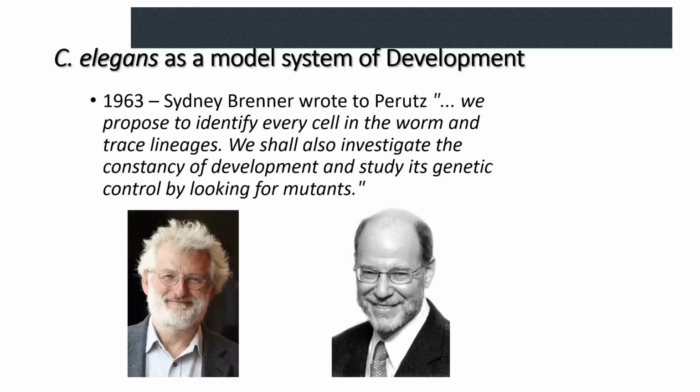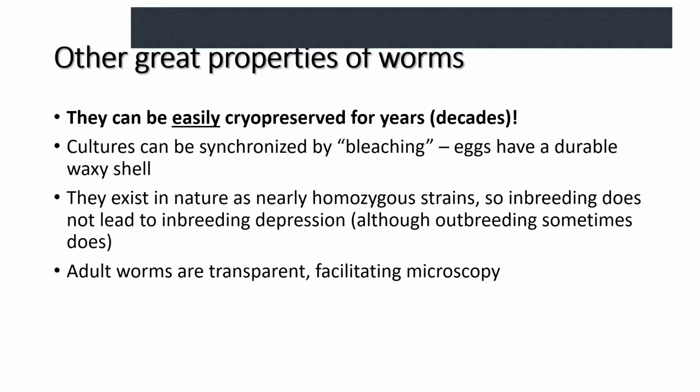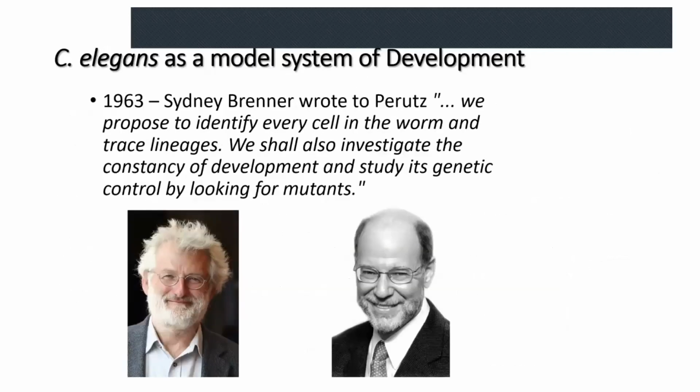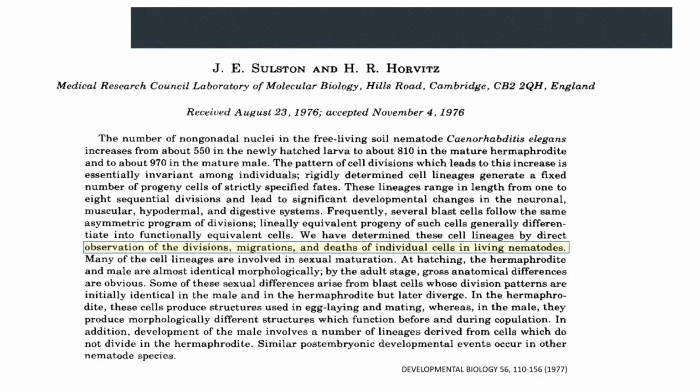So the hermaphrodites can cross-fertilize like a female as well. So they started with an L1 just hatched out, and they followed every cell in the developing worm until they got to here. They're expelled into the environment through an opening in the body wall. So they complete development internally.